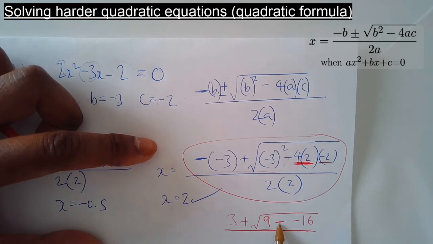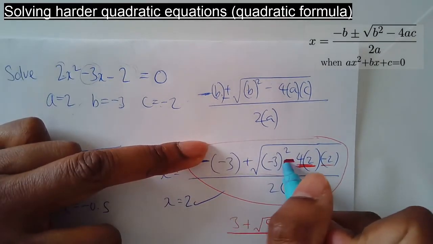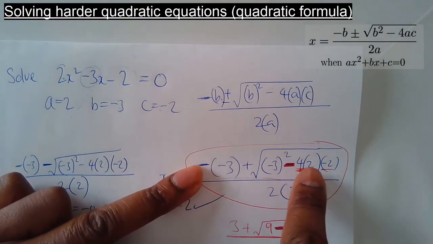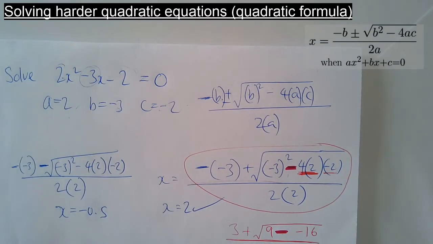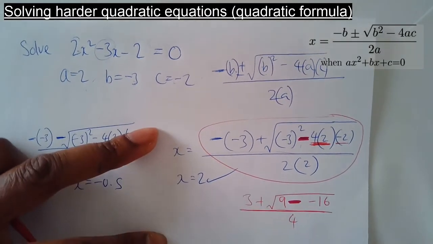But watch what happens here, you've got two negatives now, right? So you've seen what happened here, you know why there's a minus here, just to highlight that. That minus is there because of this. And that minus 16 came from 4 times 2 times minus 2. 2 times 2 is 4. Let's take it one step further.